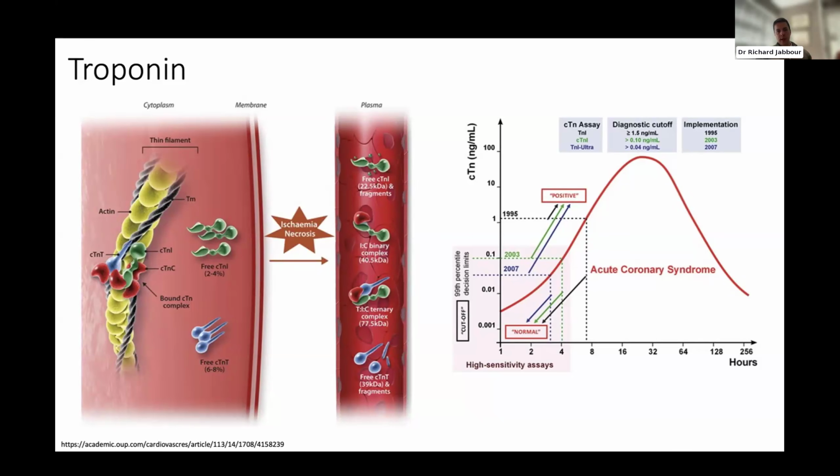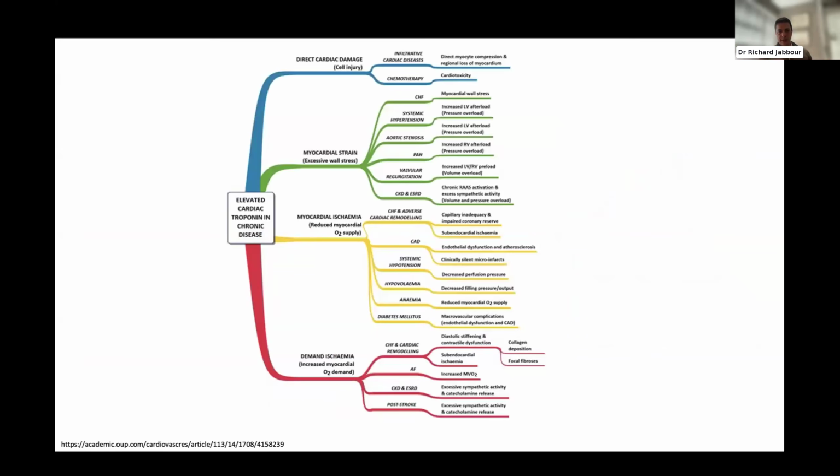When I was training, patients would get admitted to A&E with chest pain, and you'd have to do another troponin at 12 hours, because the troponin was essentially only detected after 8 hours. But with the advent of high sensitivity troponins, you can do rapid rule-out testing for ACS within 1 to 3 hours. So over time, the detection of troponin has become more and more sensitive.